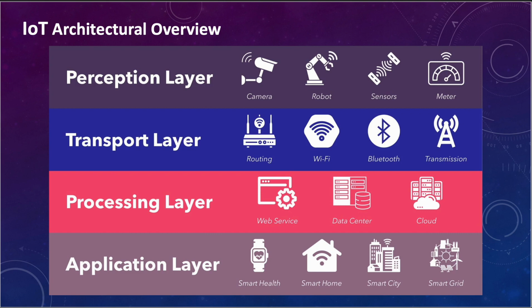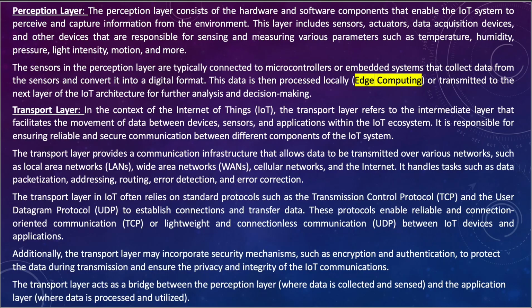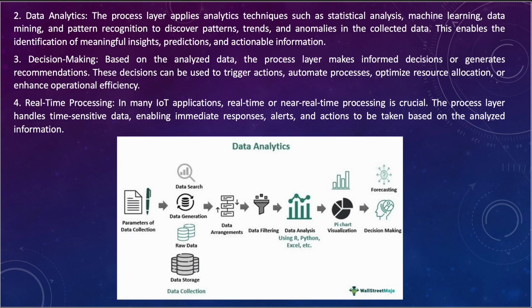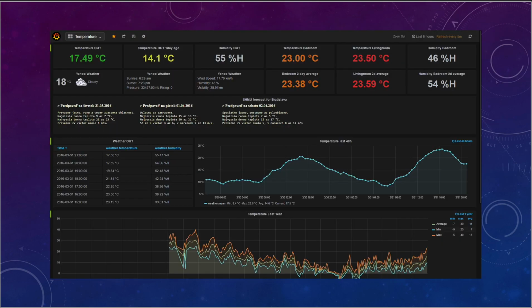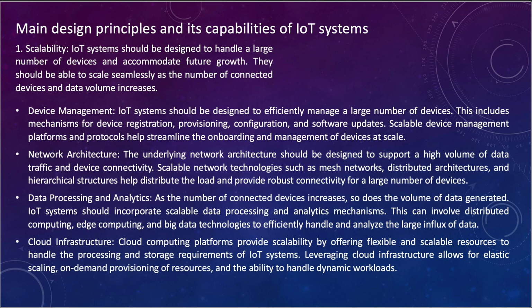Wherever you place yourself in that value chain, you will be interacting with the IoT system. You should know, do all the four layers cover the IoT system, right? You should understand the IoT system by understanding the four layers.